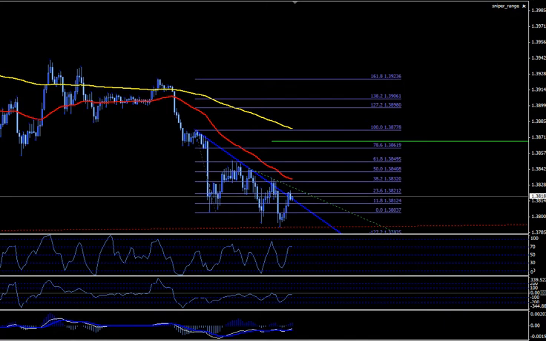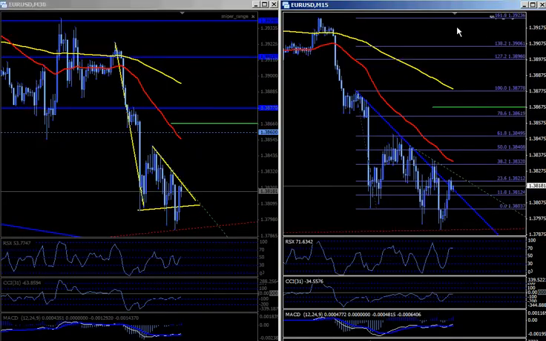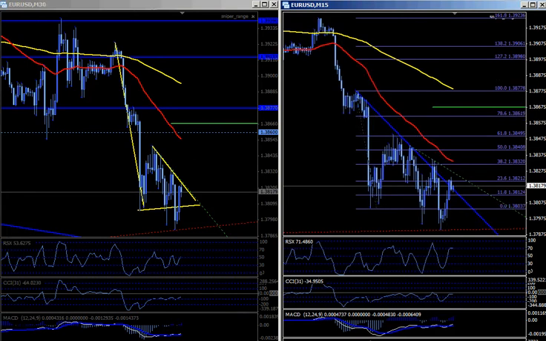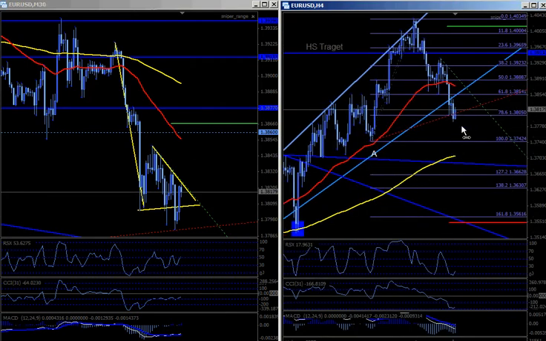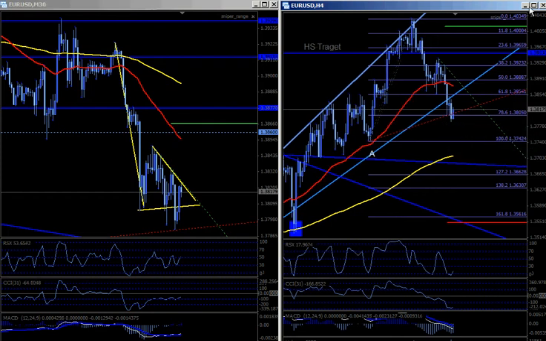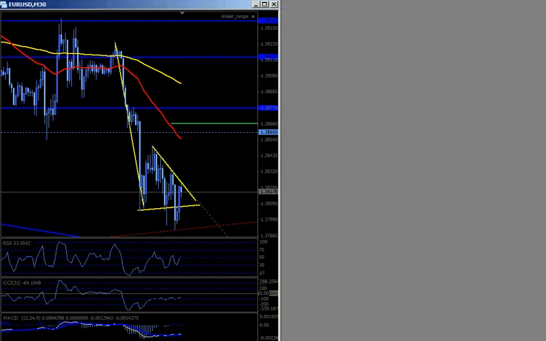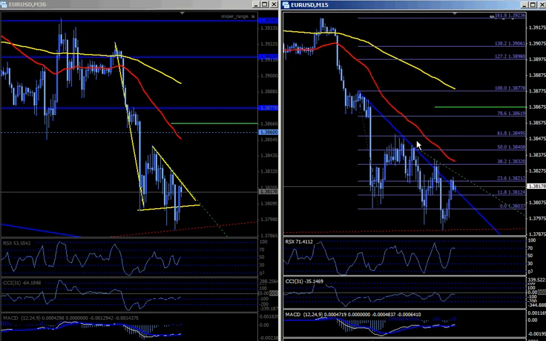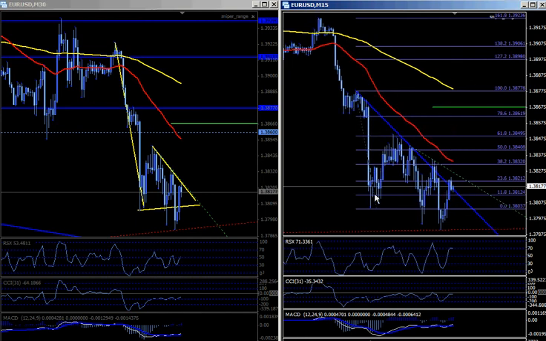On the 4-hour chart, we're below that 38.60 area and just meandering around this 786. And if I drop down then to this 15-minute chart, what I'm seeing is ABC short, ABC short, ABC.